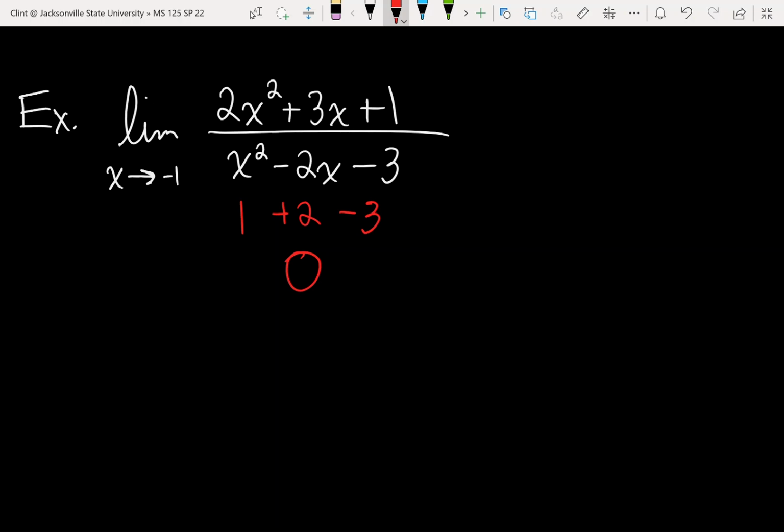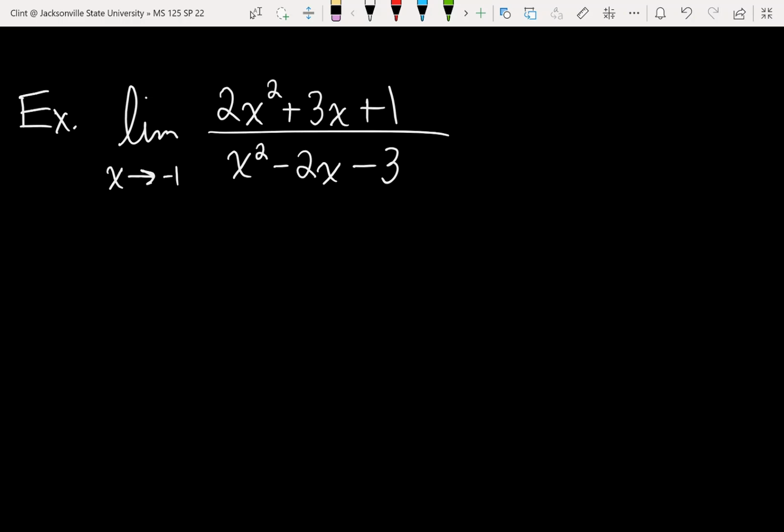So direct substitution is going to let us down. And what's our next try? Do you remember if direct substitution gives us 0 in the denominator, then we need to try to rewrite it somehow so that we don't have that 0 in the denominator.